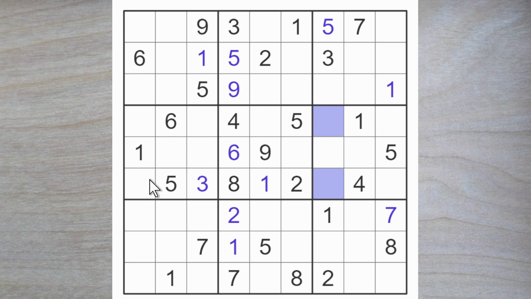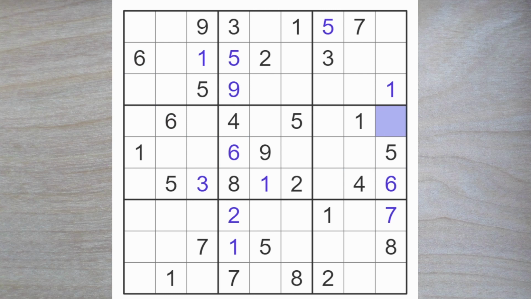And now I want to look at this row 6 here. We need to find a 7, 9, and a 6. We know that one of these must be a 9, therefore this cannot be a 9. And we know that it also cannot be a 7, therefore we now know that it must be a 6. So now we got a 7 and a 9 in these two squares.